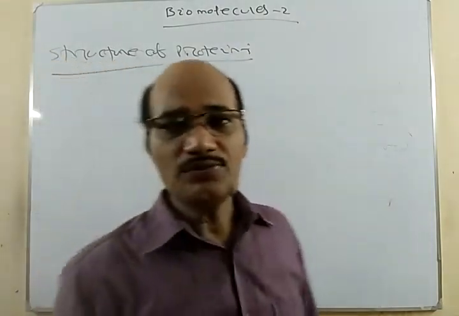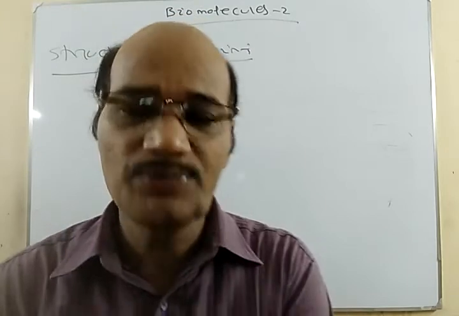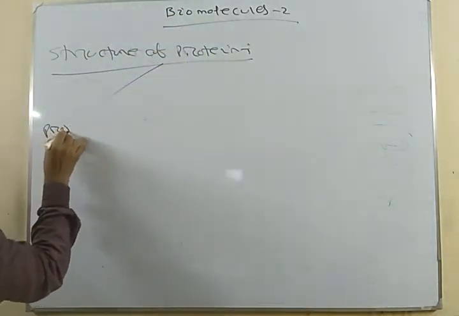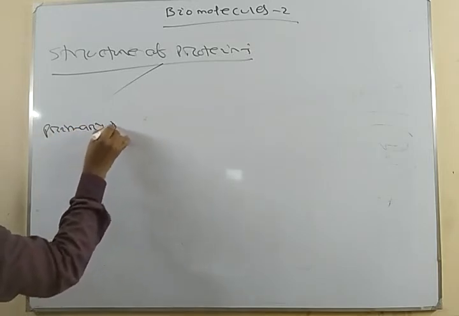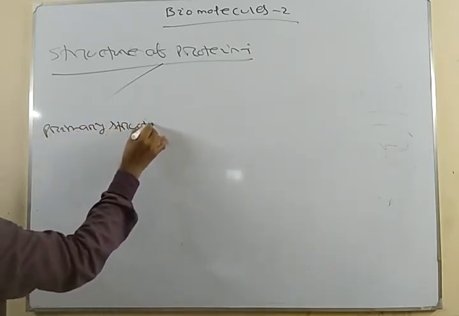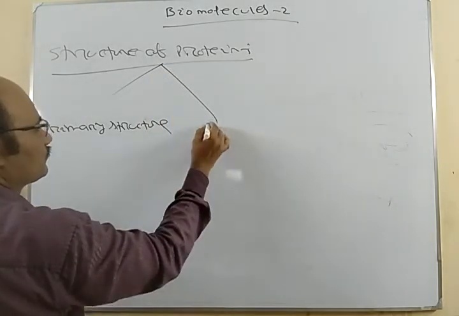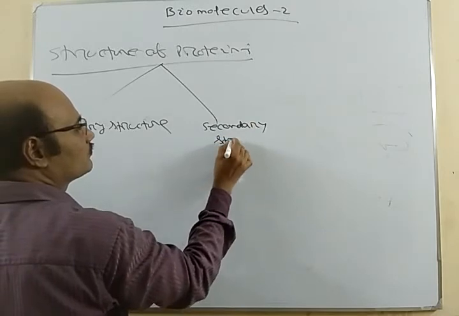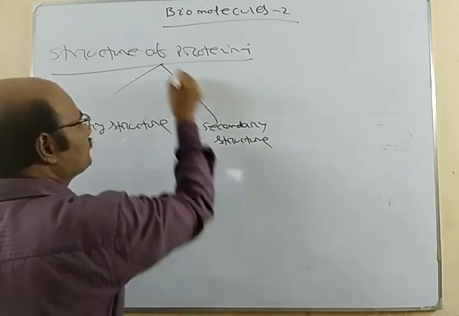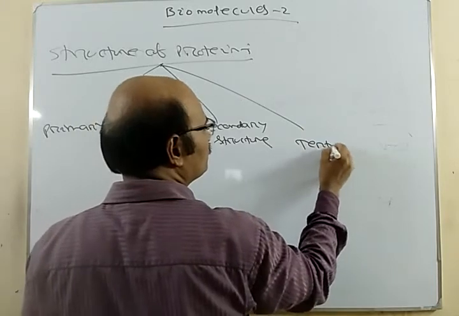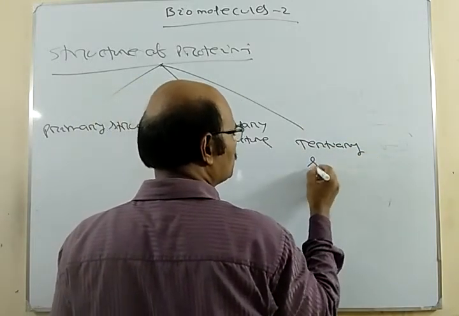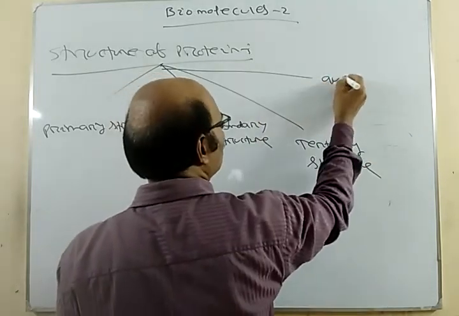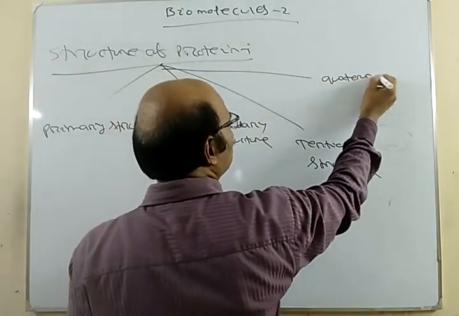The structure of protein can be of four kinds: primary structure, secondary structure, tertiary structure, and quaternary structure.